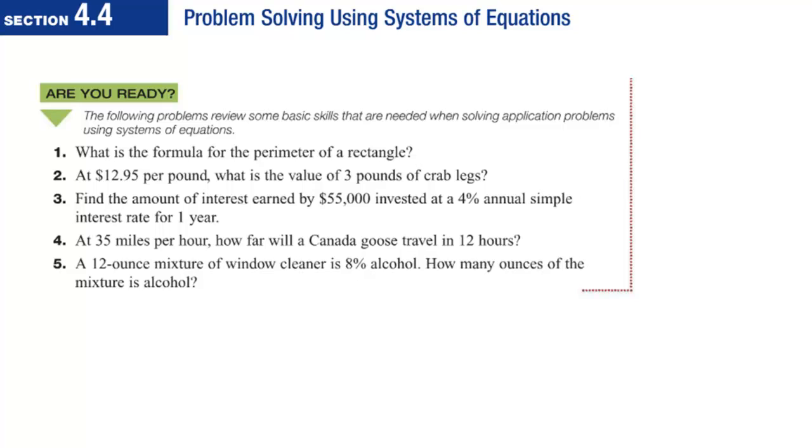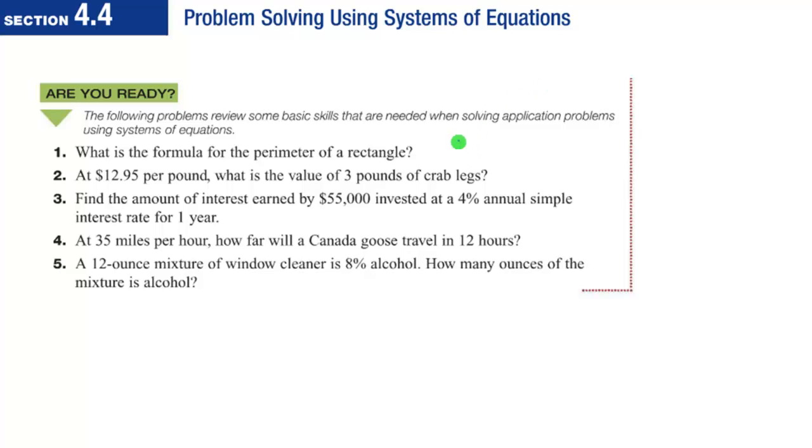And before we get going on the word problems themselves, here are some problems that should be reviewed based on things we did in chapter 2. So let's get these done here. It says, what is the formula for the perimeter of a rectangle?